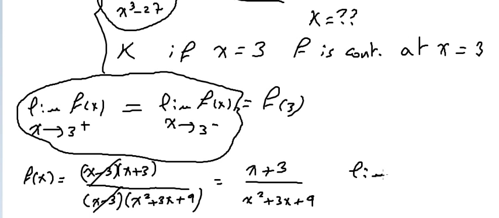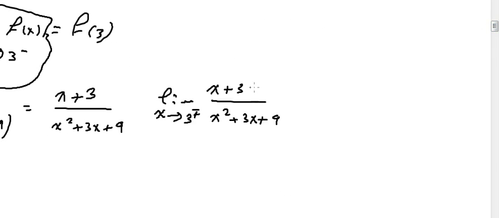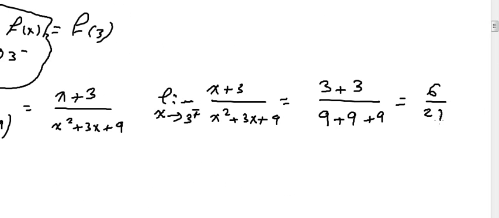What is the limit of this as x approaches 3, which is either 3 plus or 3 minus, the same, because x is not equal to 3? We just substitute, right? It's 3 plus 3 over 3 squared, 9, plus 3 times 3, another 9, plus 9. So the answer is 6 over 27, divided by 3, it's 2 over 9.